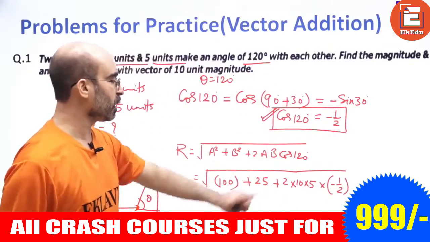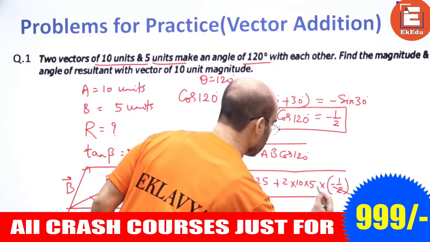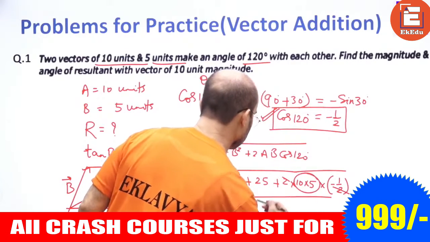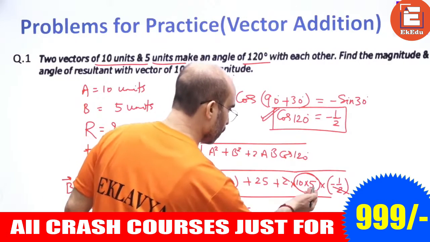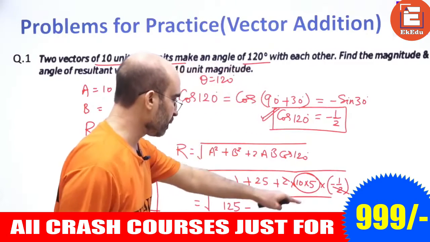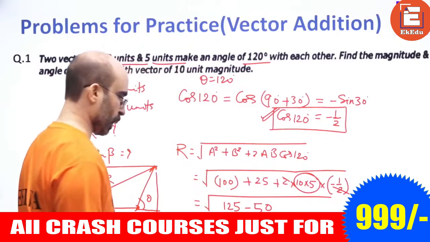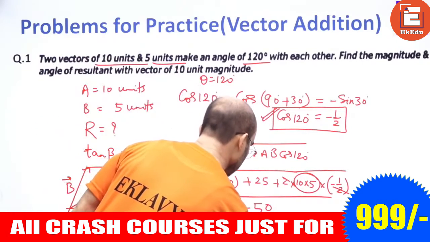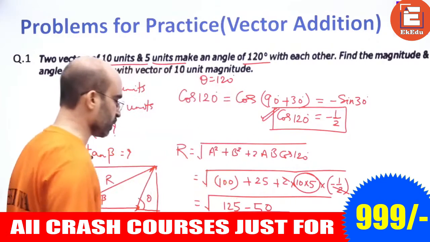Cos 120 degrees is minus half. Just do this. What is the result? This is 100, 25, this is minus 50. 125 minus 50, that means 75, square root of 75. Magnitude of the resultant vector is this.